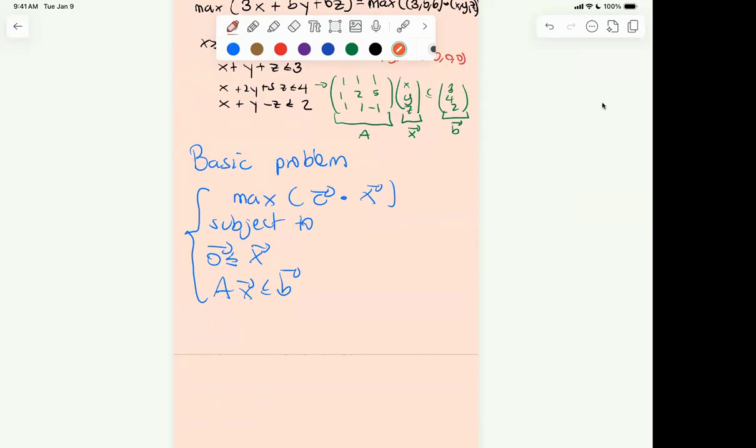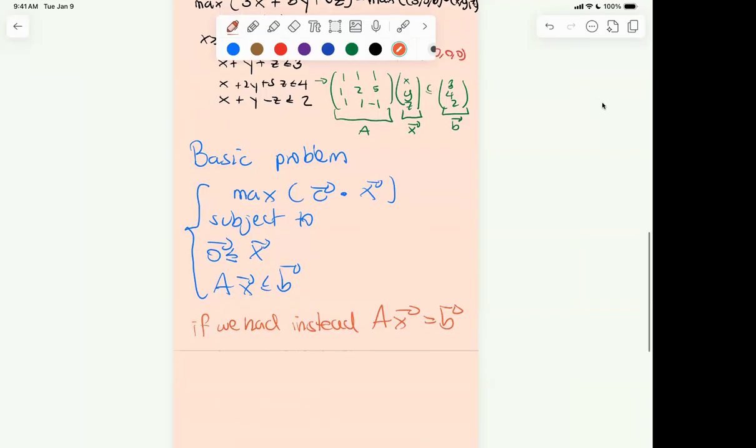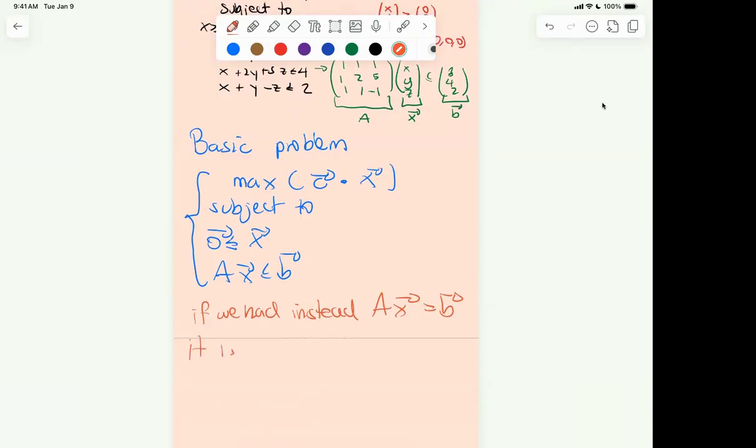The idea is that if we had an equality instead of an inequality, it is very easy to characterize the extreme points using linear algebra. Well, not easy, but it is possible. Maybe I'll use the word possible to not sound too biased. So it is possible to characterize.